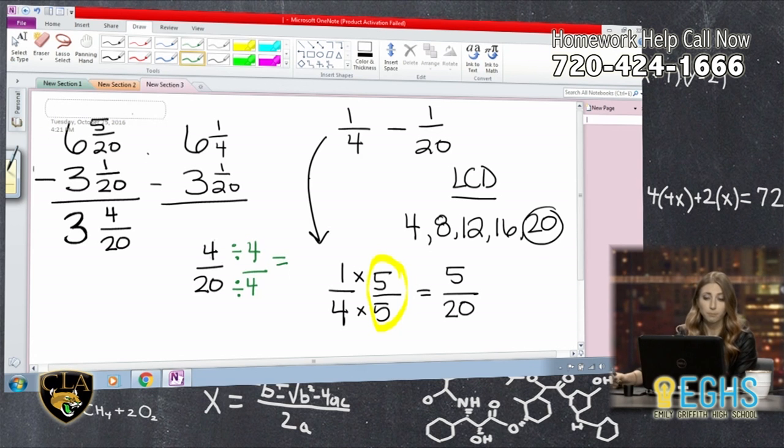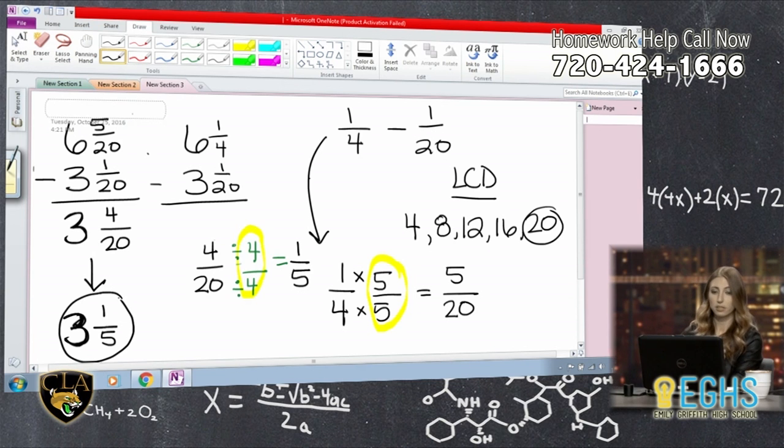So I'm going to divide this fraction by 4 over 4, which is equivalent to 1 whole. 4 divided by 4 gives me 1, and 20 divided by 4 gives me 5. So 4/20 is equivalent to 1/5. Writing this answer in simplest form, we're not going to touch our whole number, because we cannot simplify that. But I can simplify 4/20 into 1/5. So when I subtract 6 and 1/4 minus 3 and 1/20, I end up getting 3 and 1/5, the simplified answer.